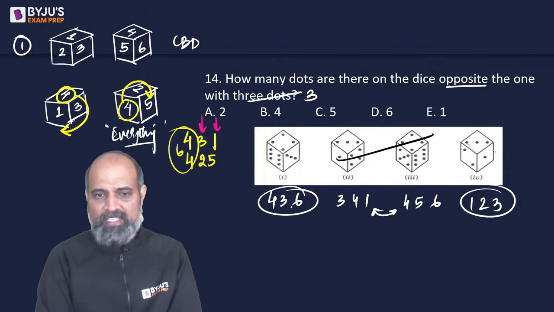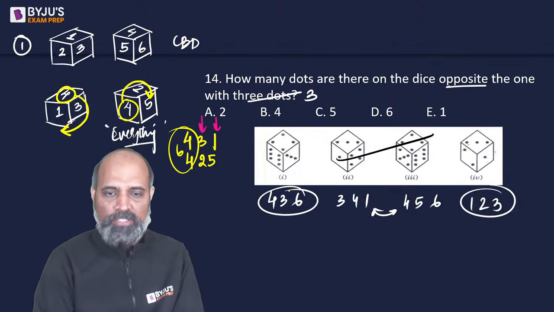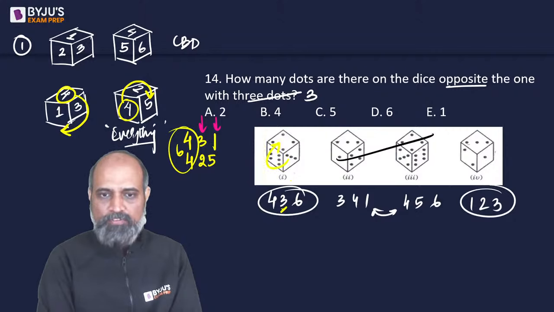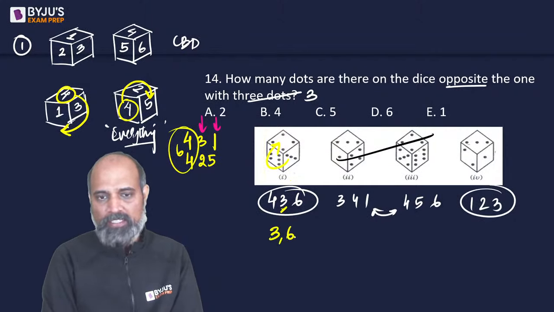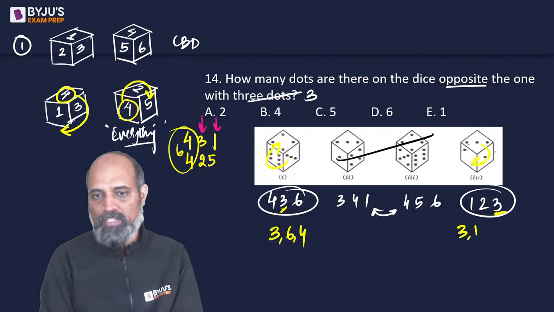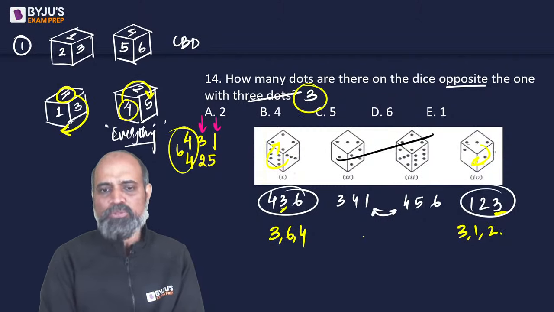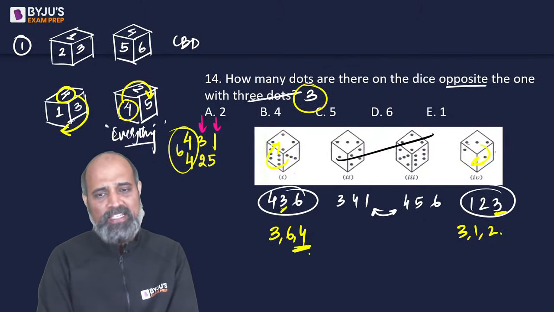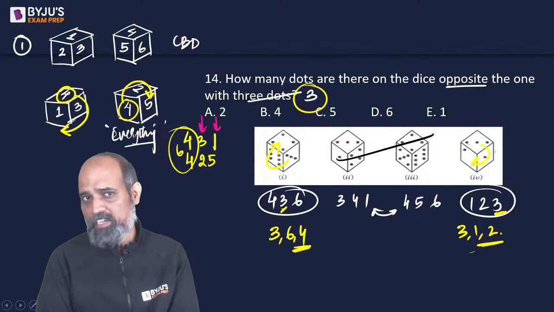So the common is 3. So I will start with 3. 3 से if I'm going to write clockwise, I'll be writing 3, 6, 4. इधर 3 से clockwise अगर लिखा तो I'll be writing 3, 1, 2. Anyways, we want opposite to 3, no? So adjacent to 3 we see 6 and 4. Adjacent to 3 we see 1 and 2.